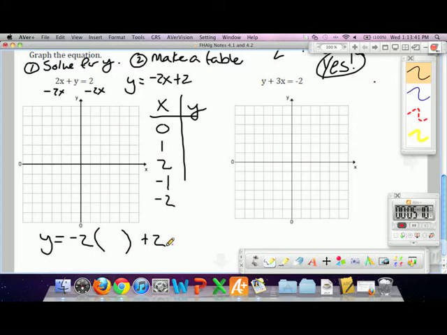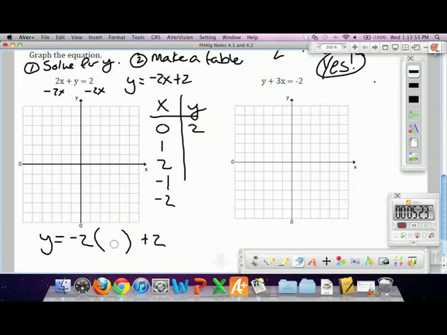So for instance, when x is 0, what's -2 times 0? What's 0 plus 2? 2. Okay, when x is 1, what's -2 times 1? -2. What's -2 plus 2? 0. How about when x is 2? -2 times 2?